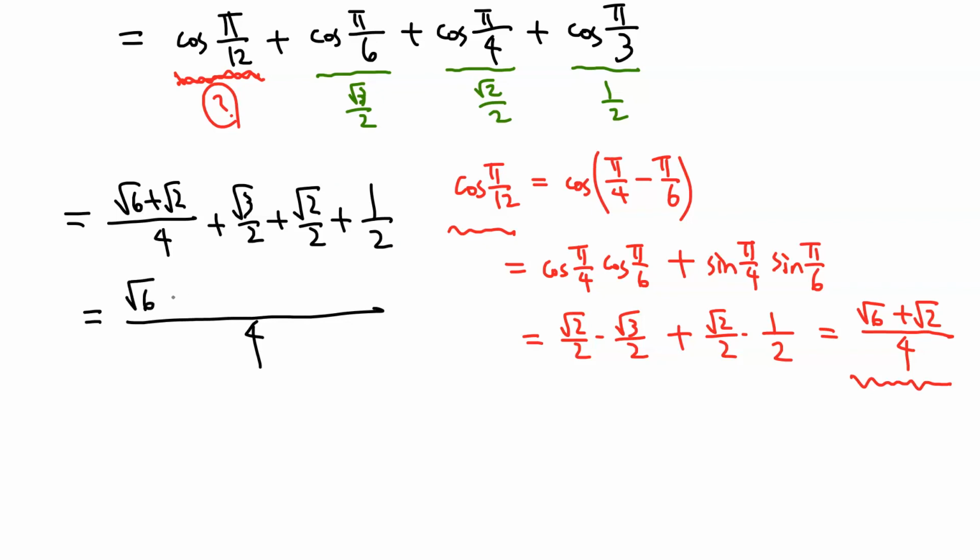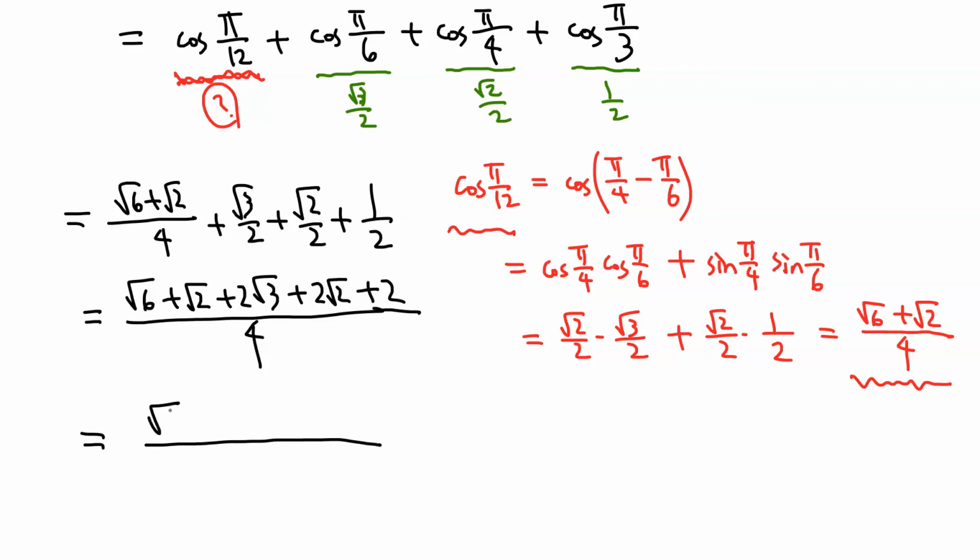Then we have square root of 6 plus square root of 2 plus 2 times the square root of 3 plus 2 times the square root of 2 plus 2. So finally, we obtain square root of 6 plus 2 times the square root of 3 plus 3 times the square root of 2 plus 2 over 4.